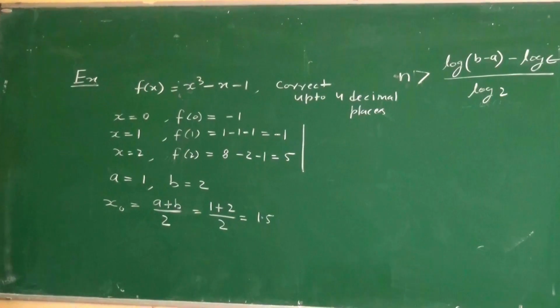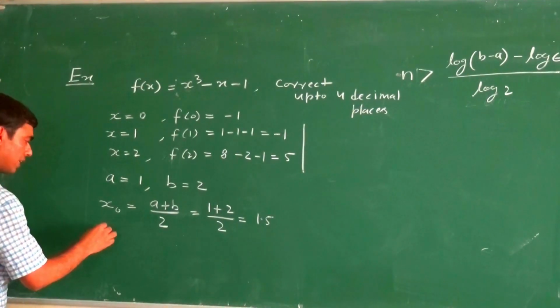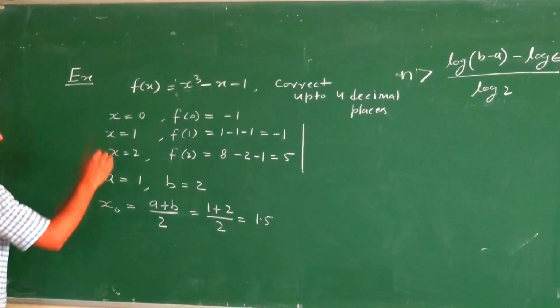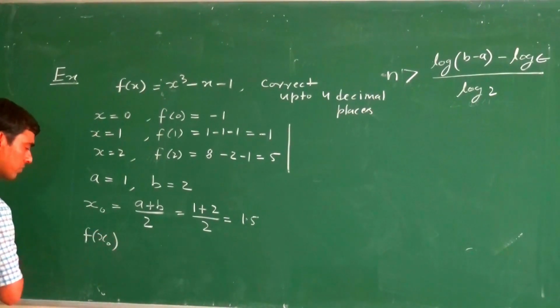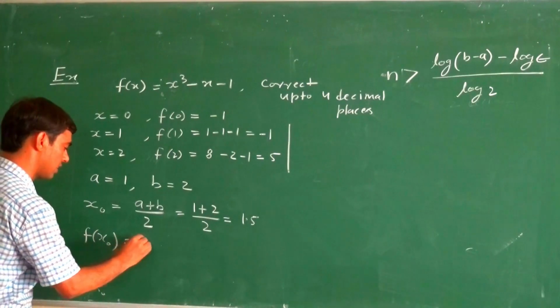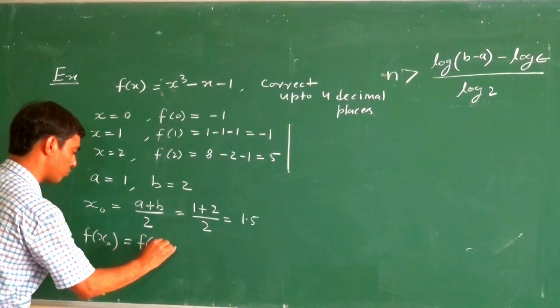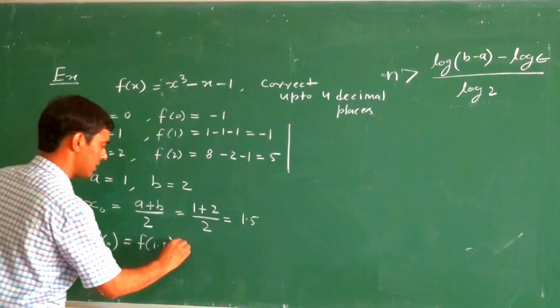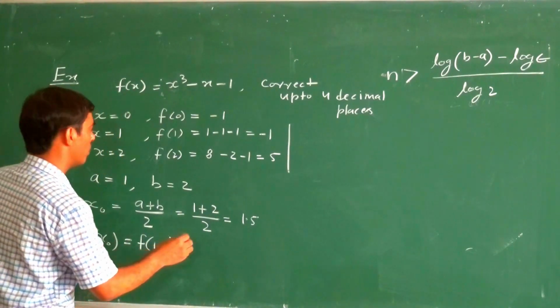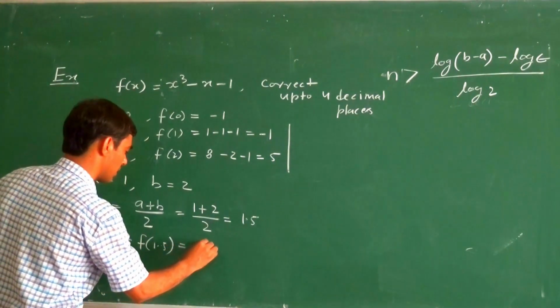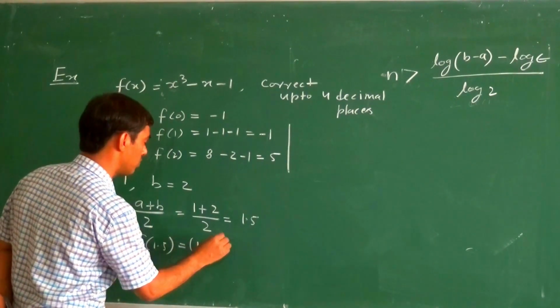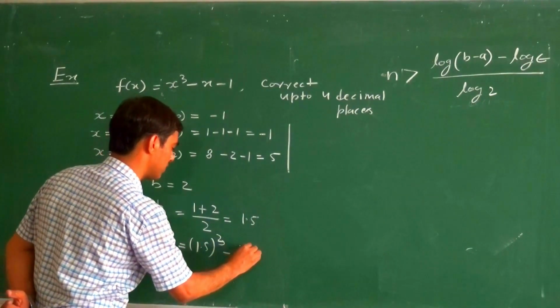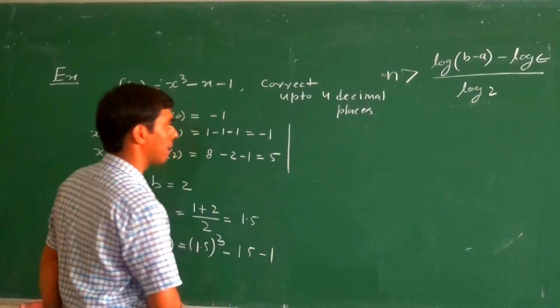Now we try to find the value of the function at 1.5, means f of x0 equals f of 1.5, which equals 1.5 cube minus 1.5 minus 1.